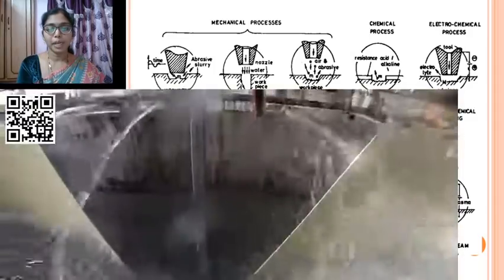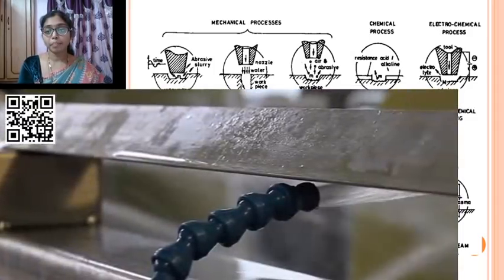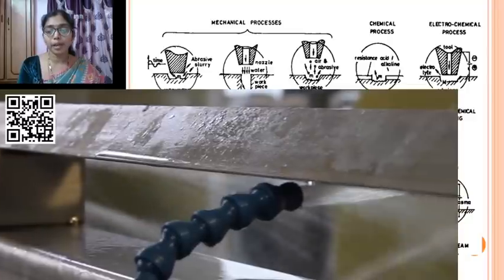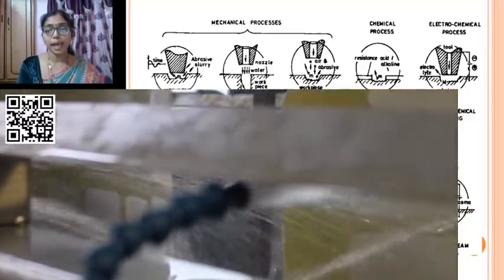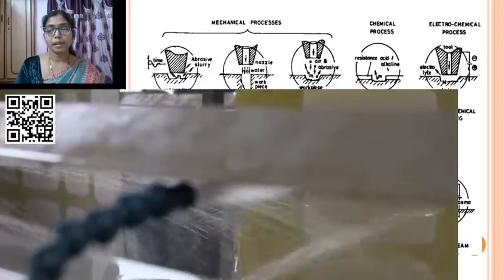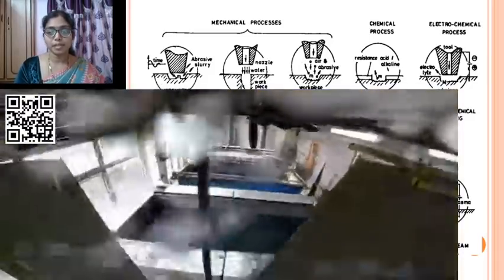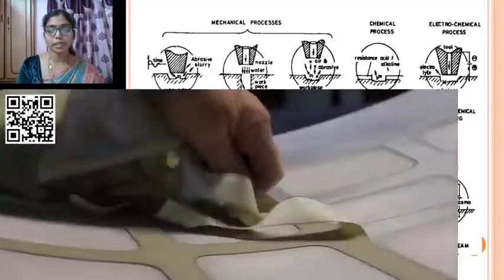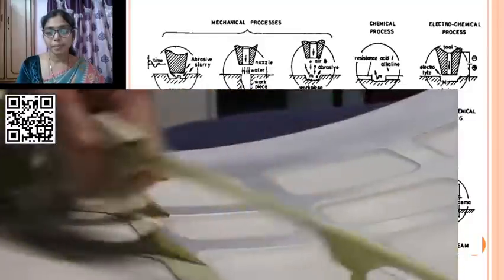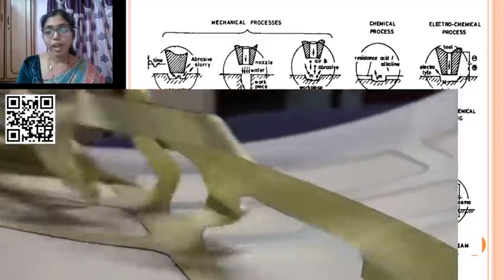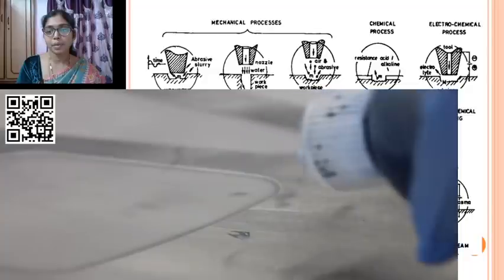Depending on the depth that is required on the surface, it can be obtained on a trial and error basis. It is not a particular depth which we can obtain. Here you can see how the fine removal of material is happening.